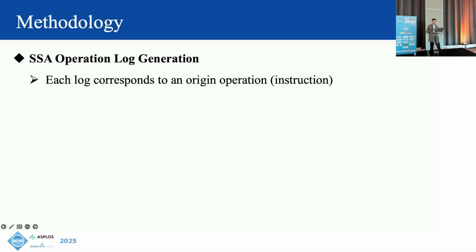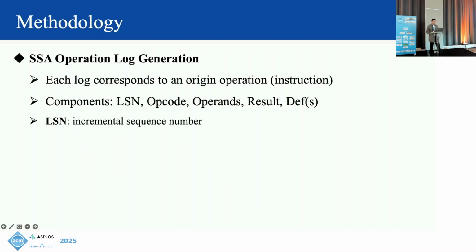Now let's look at how we generate the SSA operation log in detail. For each executed EVM instruction, we create a corresponding log entry, which is structured and contains 5 fields. First, the incremental log sequence number, or LSN, uniquely identifies each instruction execution.